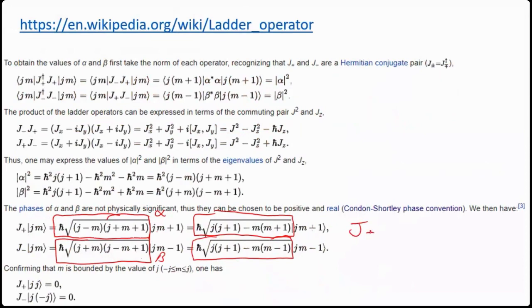The good thing is that when we operate on a basis vector, we can get the next basis vector with a scaling coefficient, and we know what the coefficient is. It's just this big ugly square root thing here.